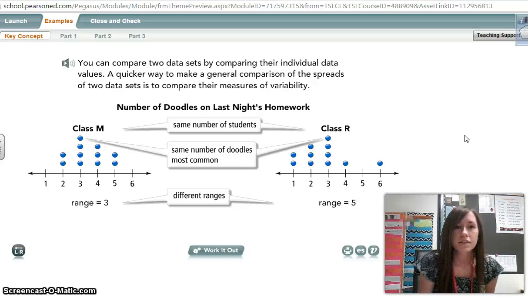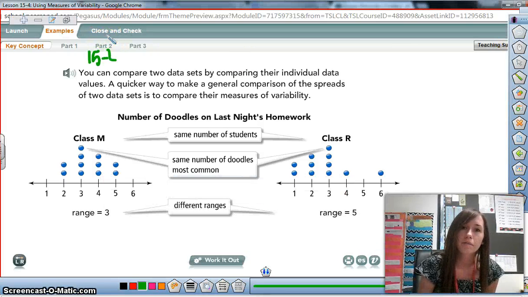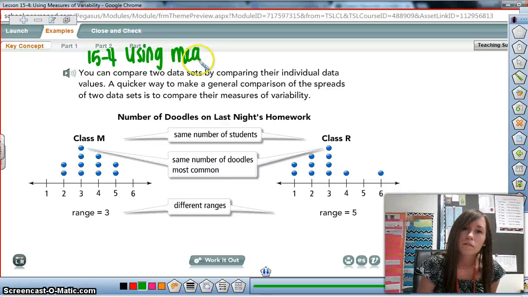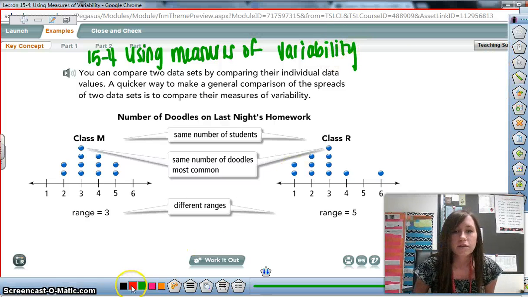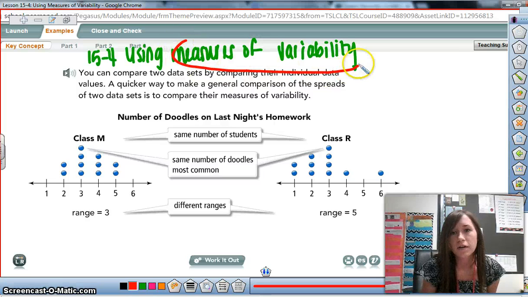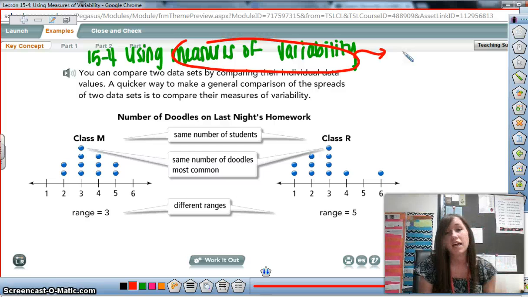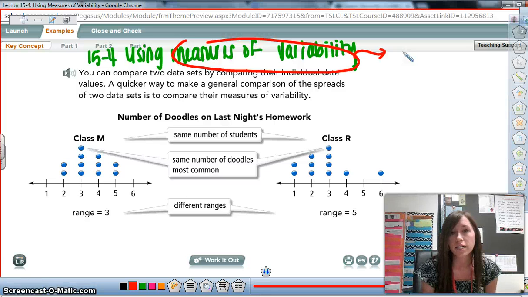Okay, so this lesson is 15-4 and it is about using measures of variability. If you will go up to the title of your notes, we need to make a note here that measures of variability are types of measurements that you take that say how varied or spread out your data is.